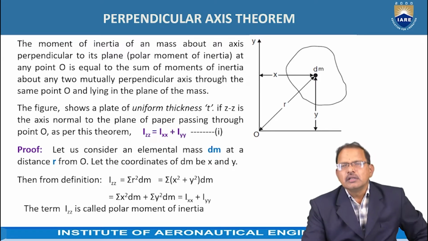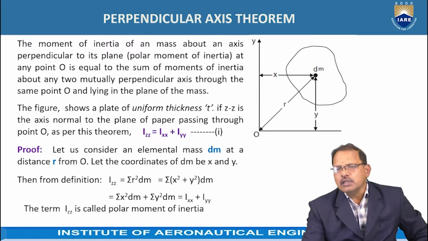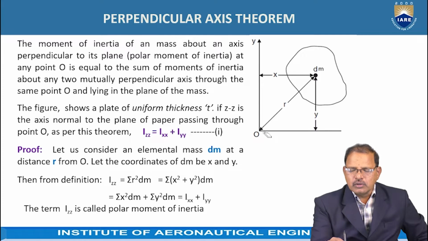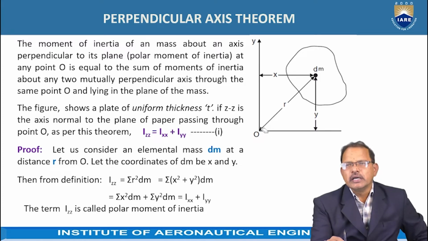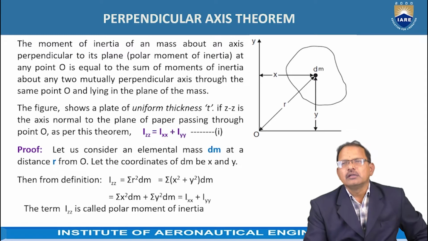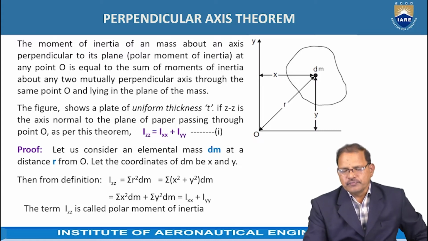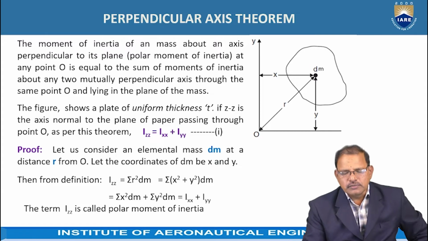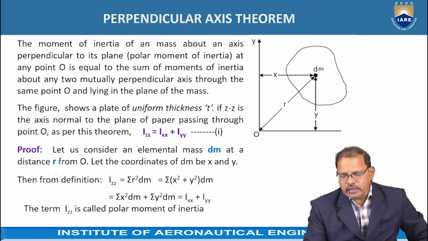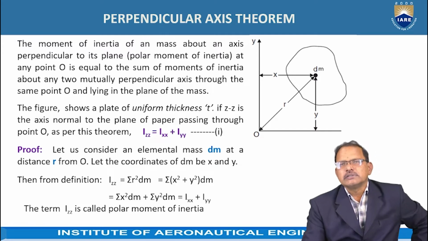According to the perpendicular axis theorem, the moment of inertia of that object about the axis perpendicular to the plane at O, here the z-axis, is equal to the moment of inertia of the same object about the two axes which are perpendicular to each other and passing through that intersection of the axes. That is, Izz is equal to Ixx plus Iyy. This is known as the perpendicular axis theorem.